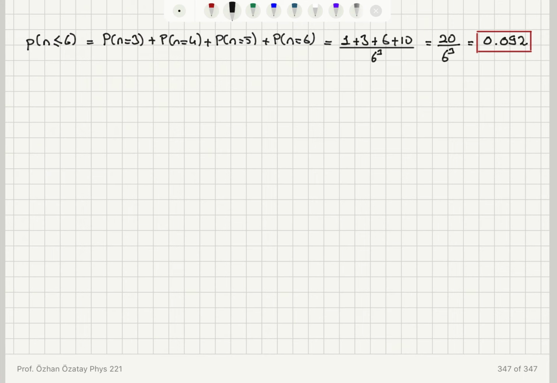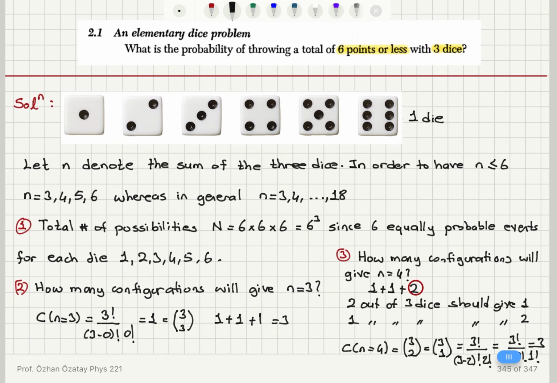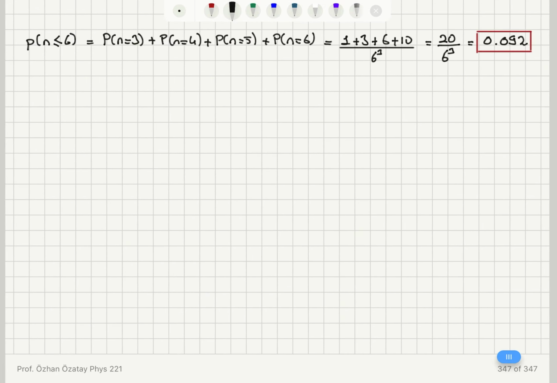And for n less or equal to 6, we need to have the probability of n equals 3 plus n equals 4, n equals 5, n equals 6, because these are statistically independent events, and we're looking at the either-or statement where we add the probabilities to get the total probability, and the answer turns out to be 0.09.